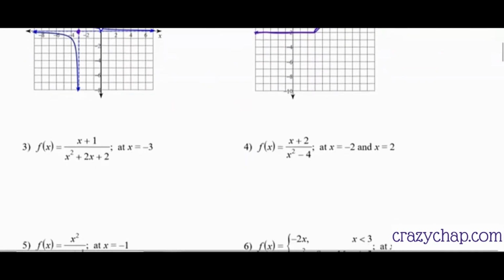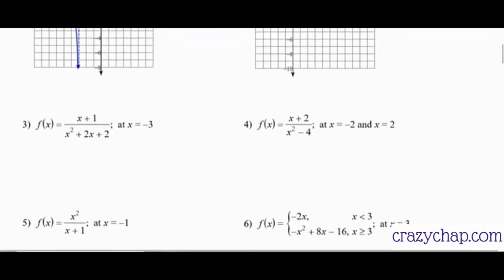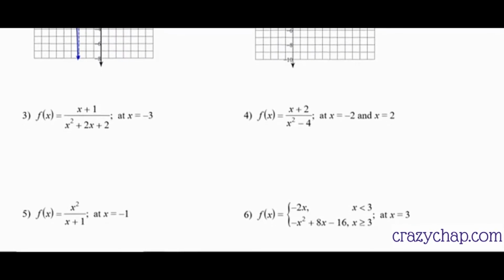Let's come to the next question, question number 3. As you can see here, in question number 3 only the function is given, not the graph. So yes, we'll understand. Because it is a rational function, first we will check whether we have any asymptote or no. Now please understand, I am first looking at the continuity.